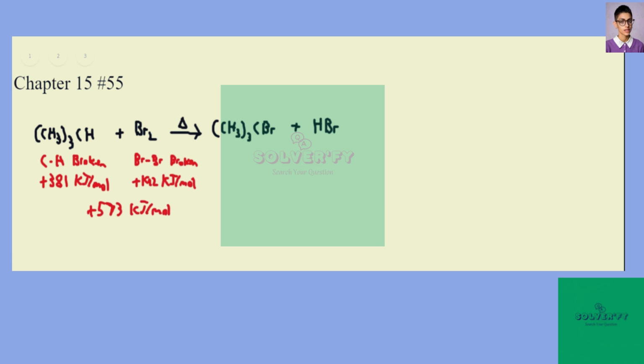kilojoules per mole. Looking at the right side of this reaction, these are bonds being formed. Here we have a carbon-bromine bond formed, and that is going to release 272 kilojoules per mole. Here we have a hydrogen-bromine bond formed, and that is going to release 368 kilojoules per mole.